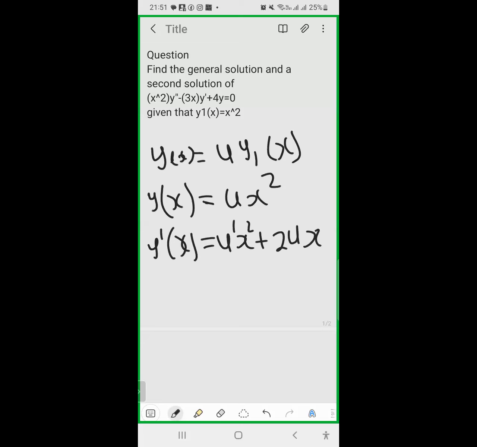And then the second derivative, y double prime of x, is going to be equals to u double prime multiplied by x squared plus 2u prime multiplied by x plus 2u prime of x plus 2u.